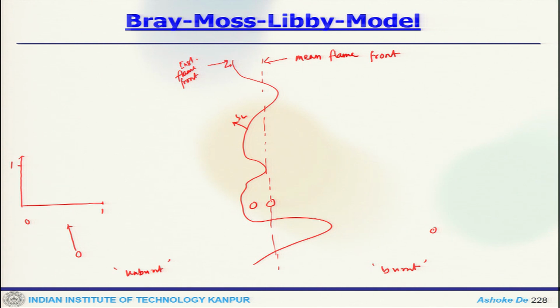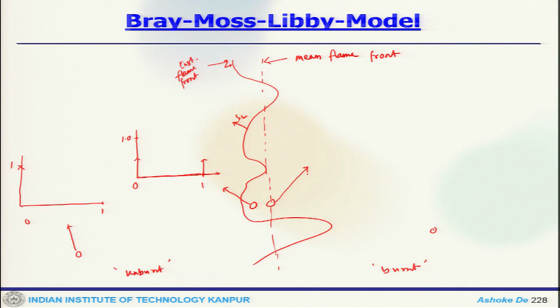That means this would be completely 1. Now, if I look at this stage here, where it goes between 1 and 0, this is what it is and this is 1.